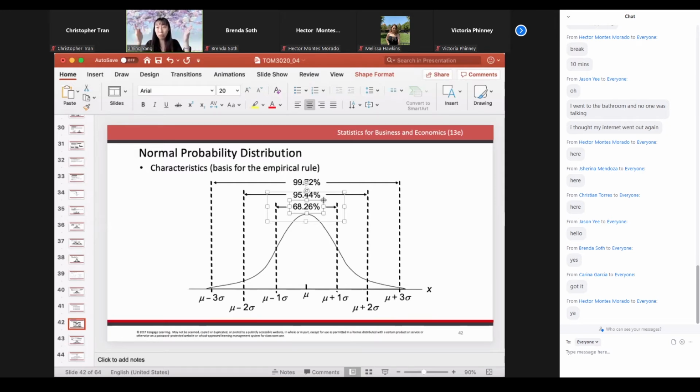So that's the majority of the data. It's more than 50%. It's close to 70%, right? 68% of the data points are actually just within 1 standard deviation.